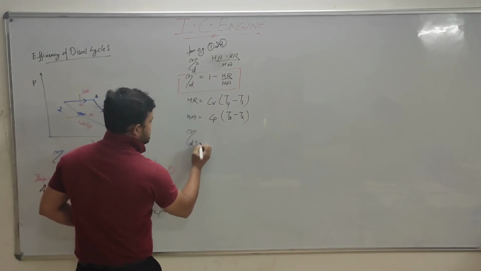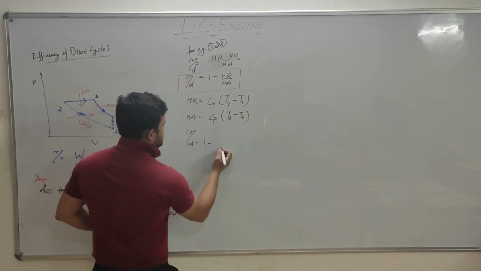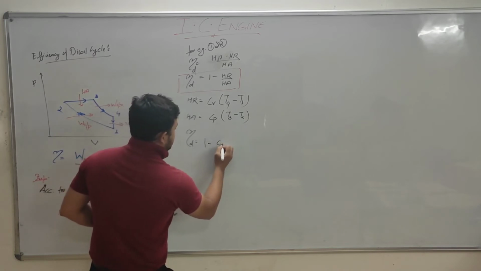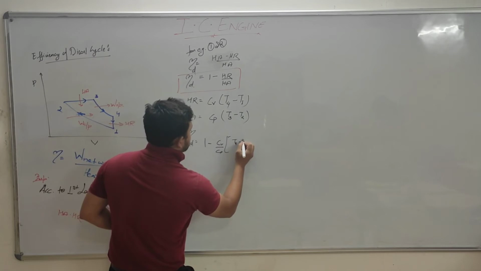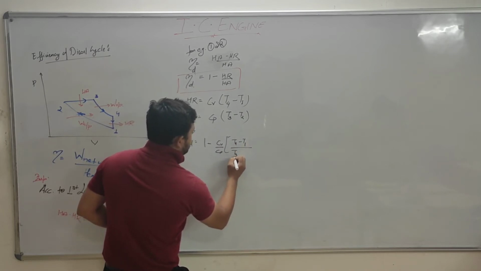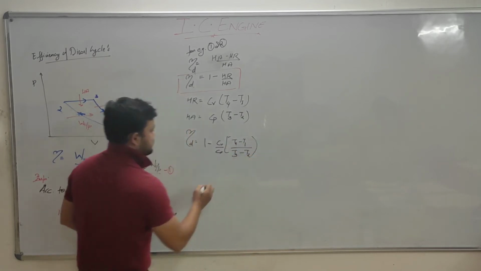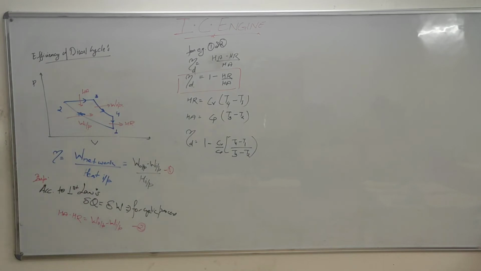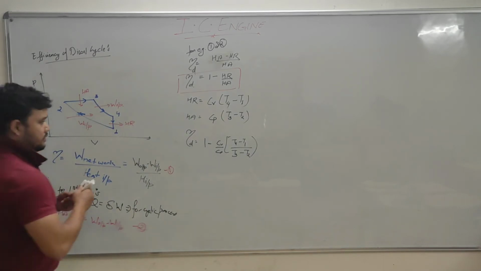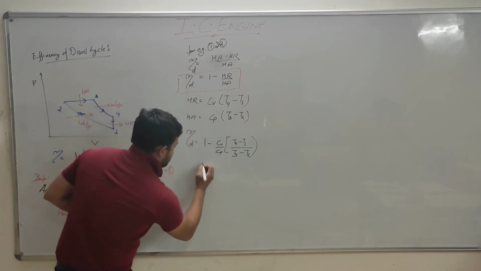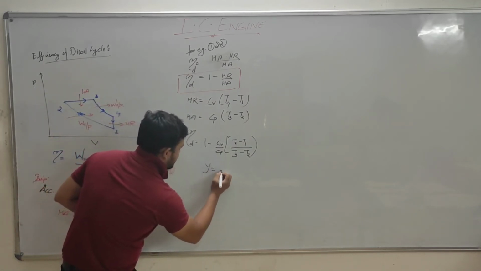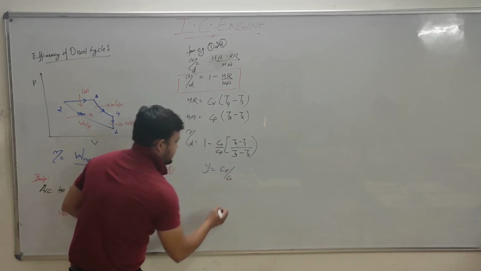Now put these values into this equation. The efficiency of the diesel cycle can be written as one minus Cv upon Cp times T4 minus T1 upon T3 minus T2. Now in thermodynamics you have seen the expression gamma is equal to Cp upon Cv.